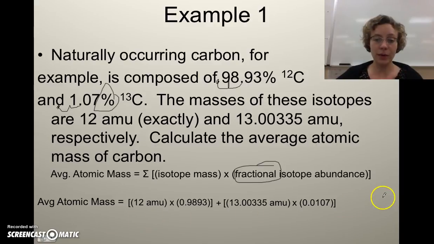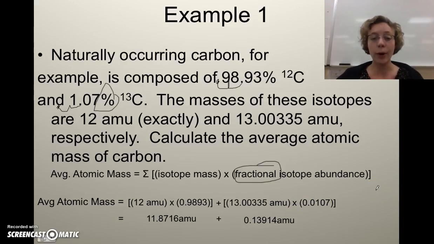That's kind of our breakdown of our equation. Here we go, plugging it into our calculator. If I'm doing just this first part, plugging it in, we get 11.8716 AMUs. If I'm doing the second part, multiplying it together, we get 0.13914 AMUs.